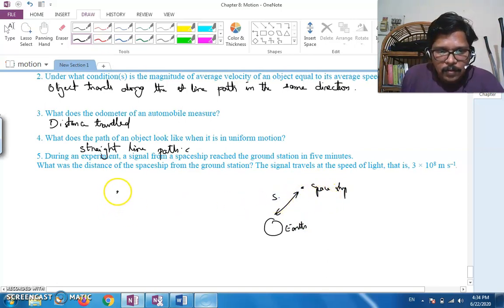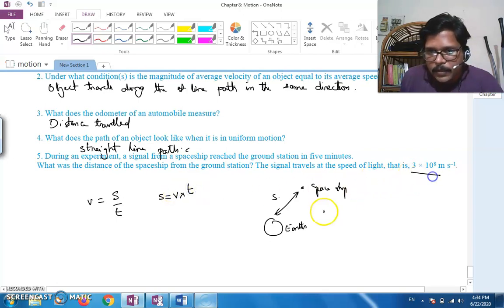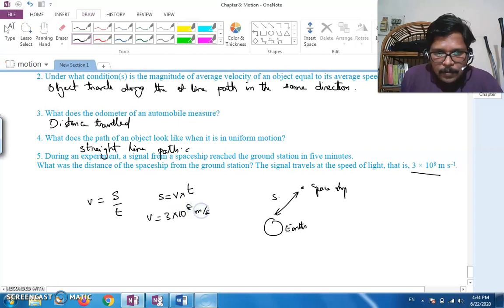We have the distance formula: speed is equal to distance by time, so distance will be equal to speed into time. In the question, speed is given as 3 into 10 power 8 meters per second. V is equal to 3 into 10 power 8 meter per second.